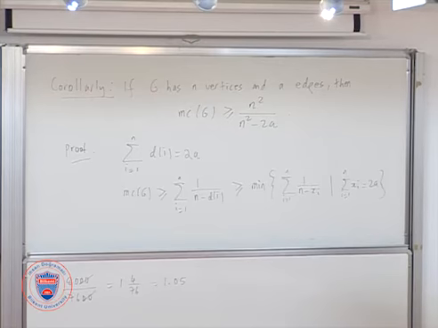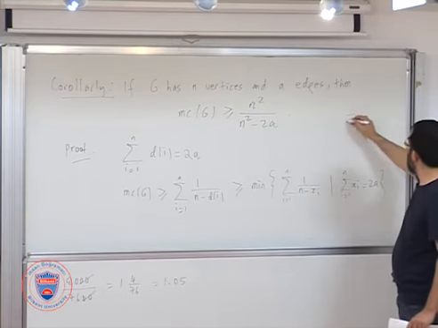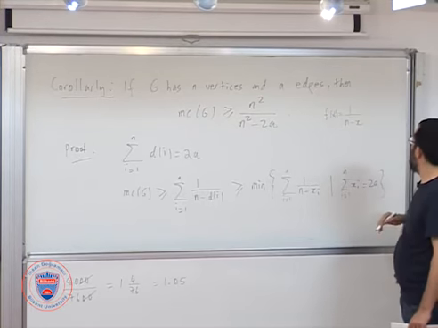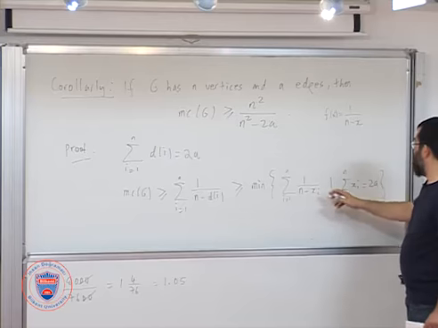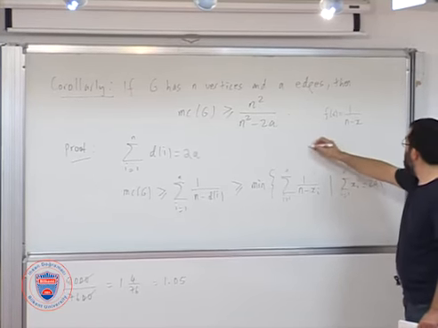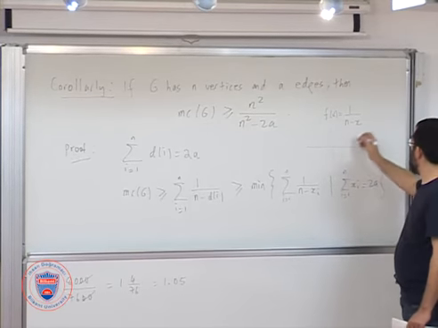And again, this is something to do with the 1 over n minus x graph. What's the minimum number of points you can take whose sum is 2a on this graph? And this graph is just calculus.